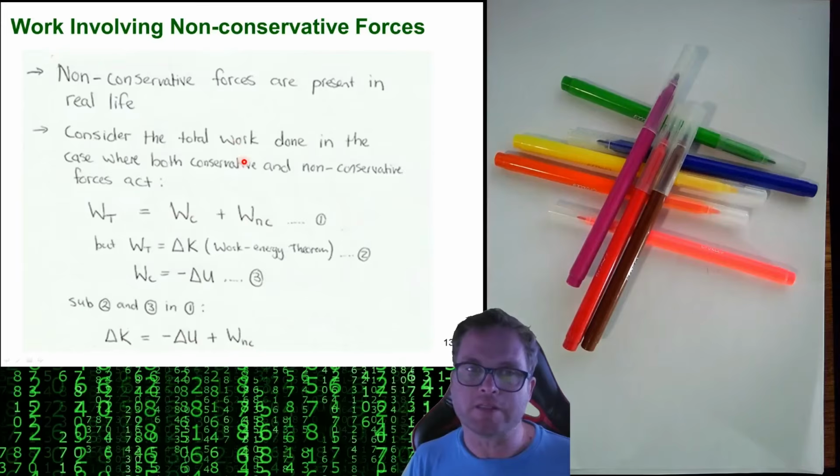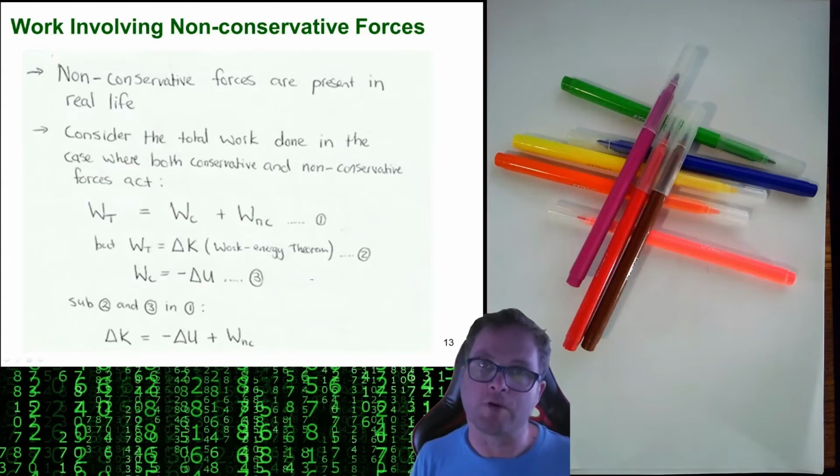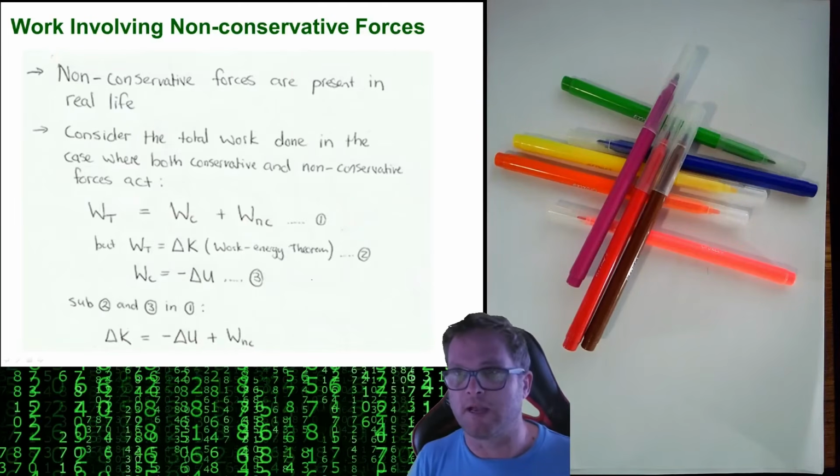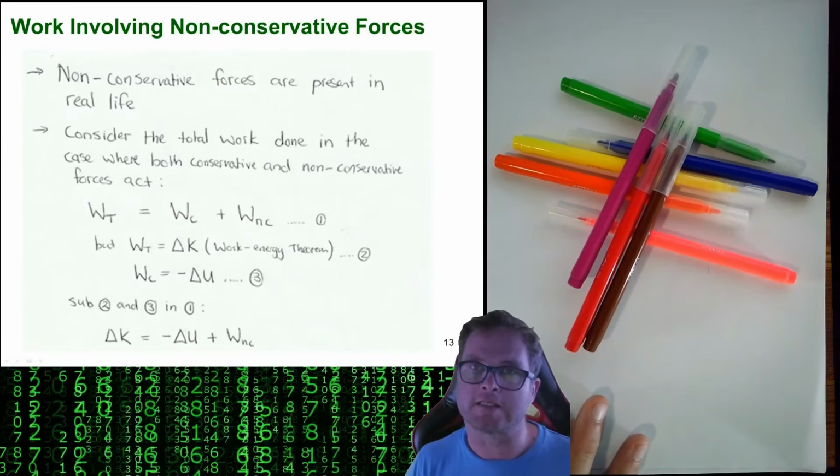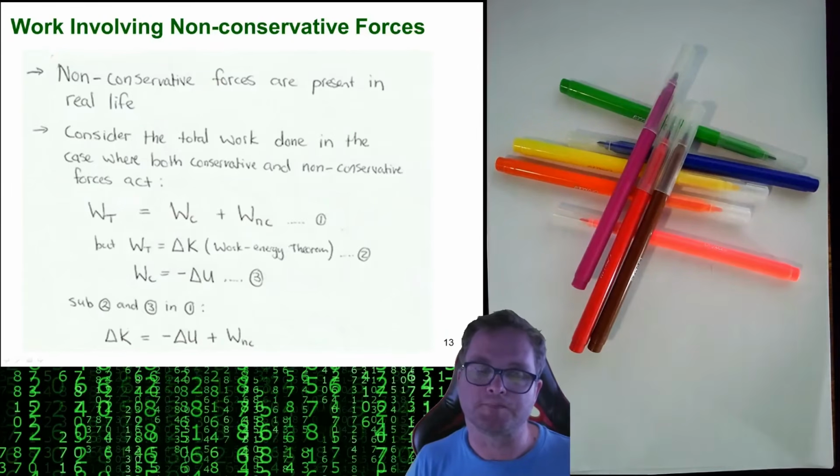Now consider the total work done in the case where both non-conservative and conservative forces are acting. For example, this might be the case of someone jumping out of an aeroplane, where there is air friction acting on them, which is a non-conservative force, but there's also gravity acting on them, which is a conservative force.